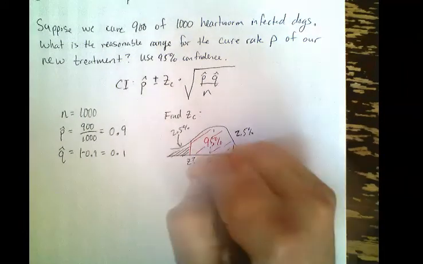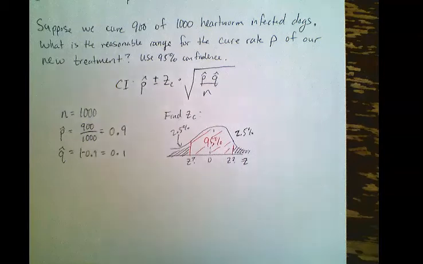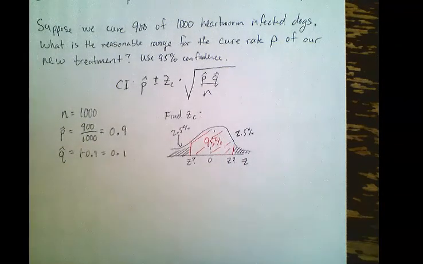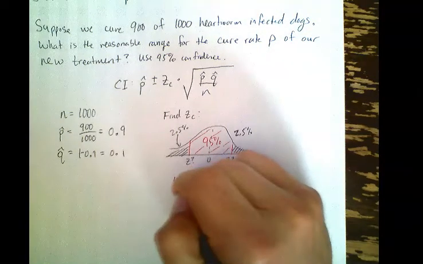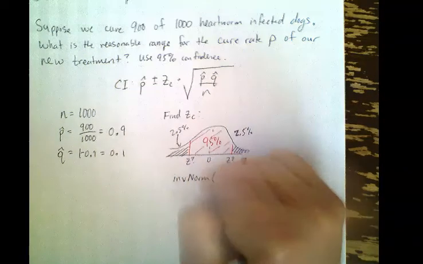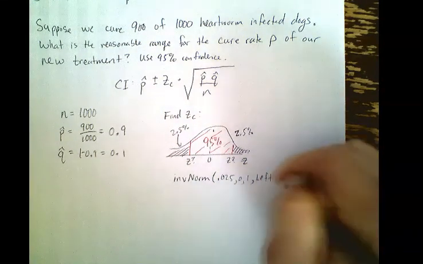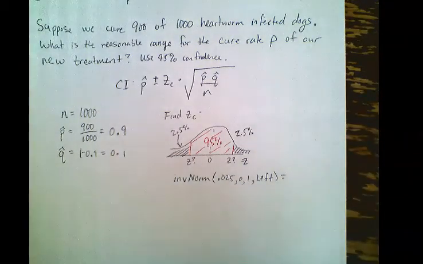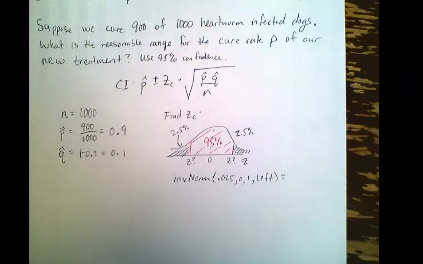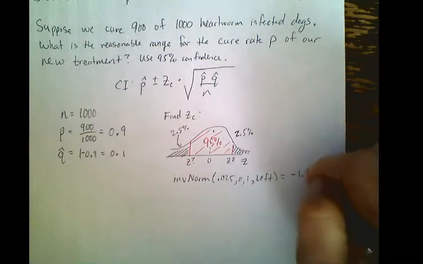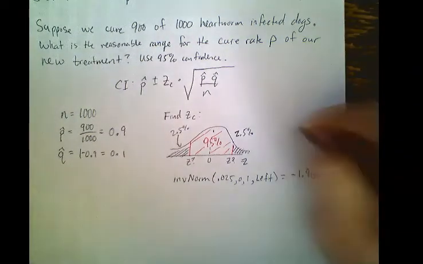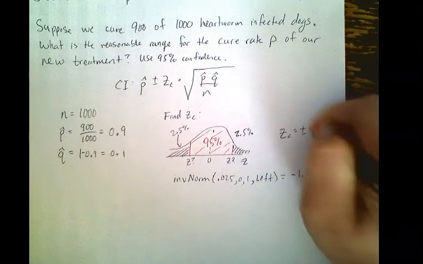So to get these unknown z's, we'll need to use inverse norm. Remember that we're using the z distribution for proportions, so we need to use our inverse norm feature. 0.025, 0, 1 left. So let's do that. Second distribution, inverse norm. 0.025, 0, 1 left. Gives us negative 1.96. So our Z criticals are plus or minus 1.96.